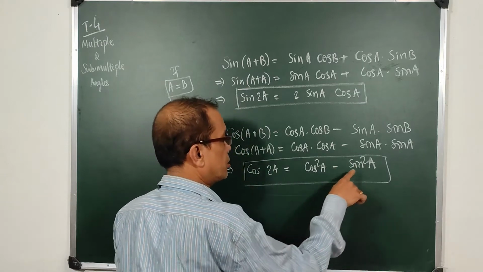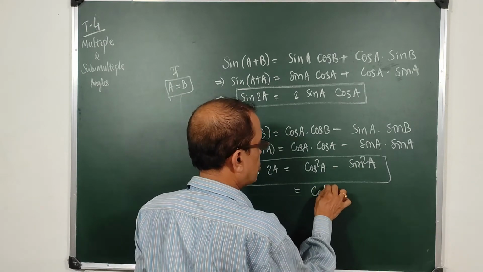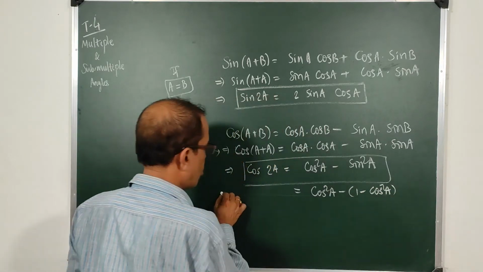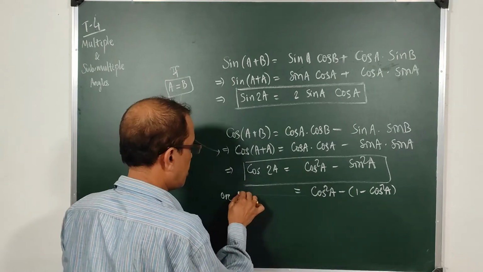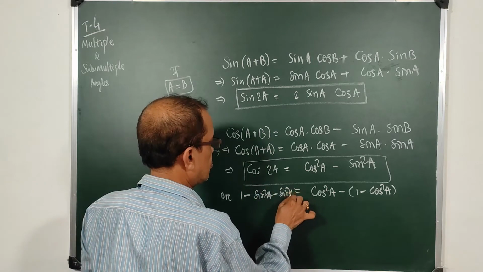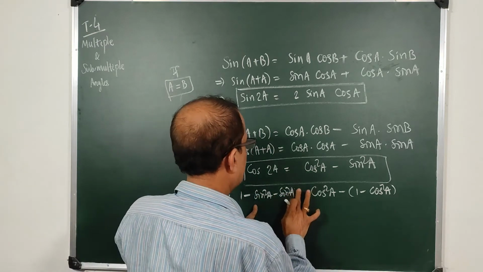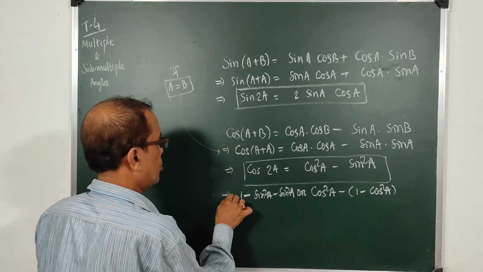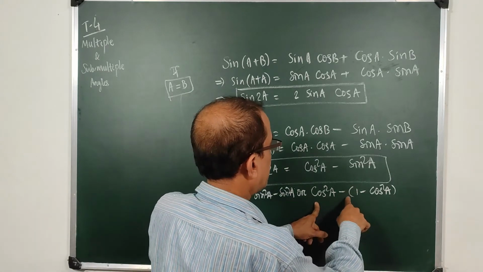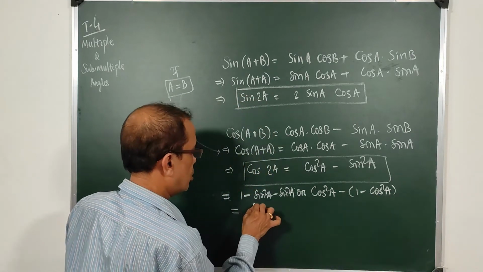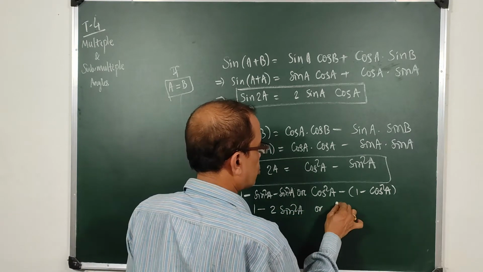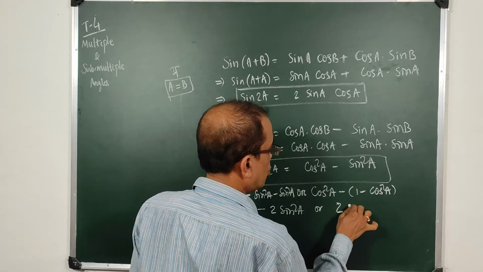So if we change sin square a by 1 minus cos square a, or if we change cos square a by 1 minus sin square a, then we get two different things. So this becomes either 1 minus sin square a minus sin square a, or cos square a minus 1 minus cos square a... which on simplification gives us 1 minus 2 sin square a, or 2 cos square a minus 1.